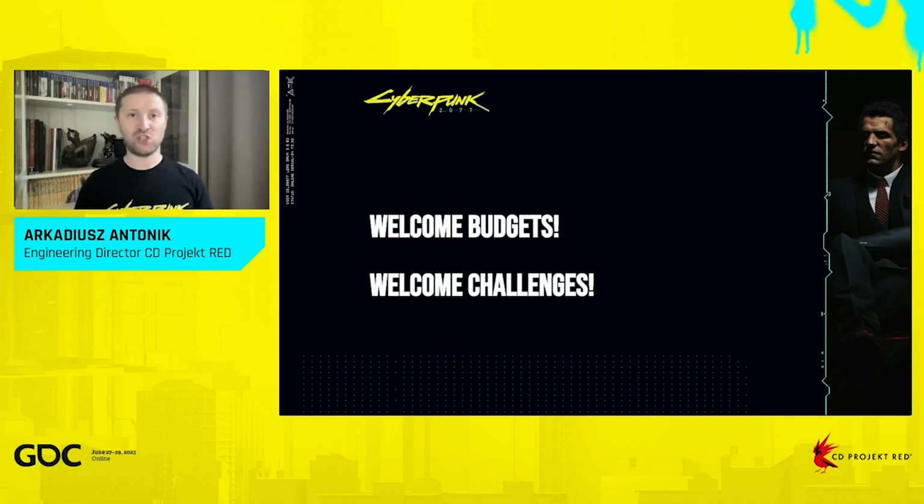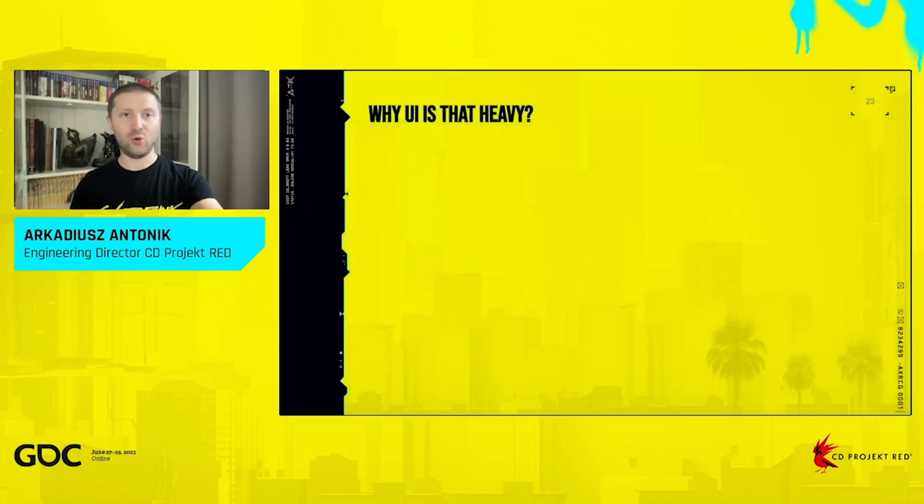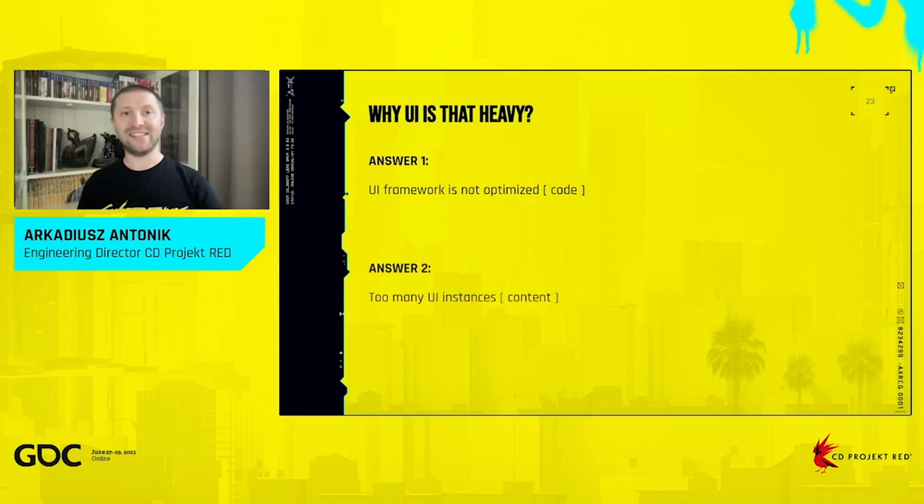Let's check where we consume that memory and time in the UI framework and try to answer the very important question: why is UI that heavy? So the first obvious answer is that the UI framework is not optimized. Sure, that's true, and the work on improving it is on engineers. However, the second answer is not that obvious.